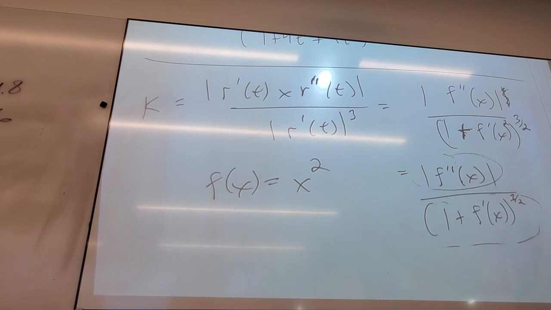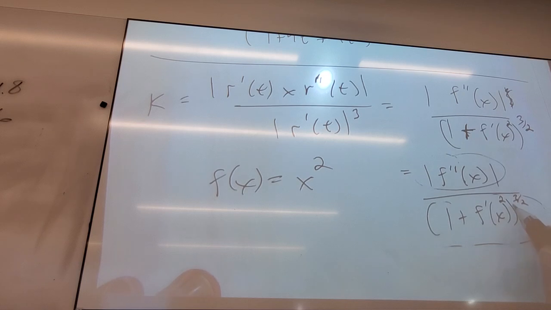Do we need to write 3/2 every time, or why don't we just write it as 1 plus f prime cubed? Oh, I'm sorry. It should be squared. Now this whole thing, putting it on the bottom of the fraction, this whole thing is to the 3/2 power. Couldn't we just remove the cube because the inside is squared and the outside is a root?